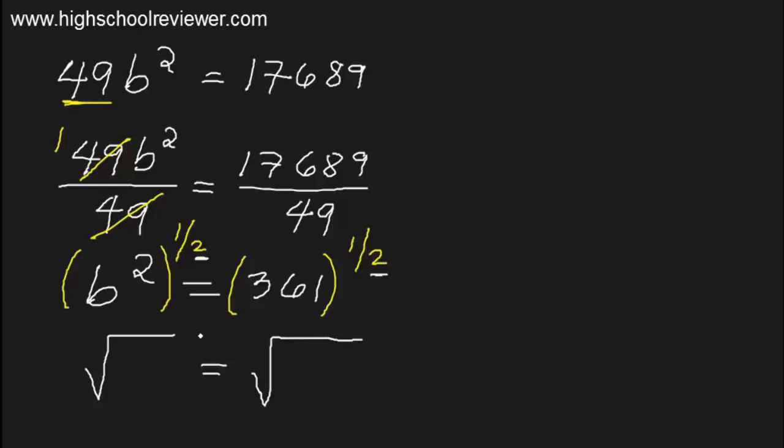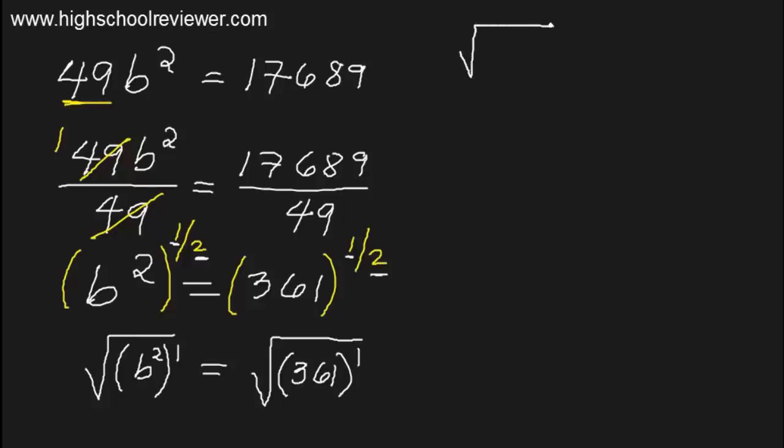Our base here is b squared, the exponent is the numerator, which is 1, and our base on the right is 361, with exponent 1.